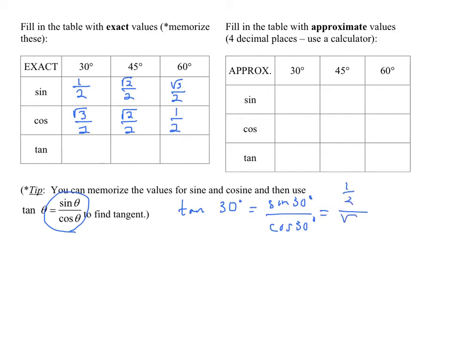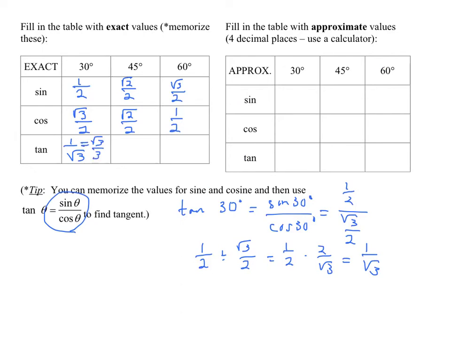The cosine of 30 degrees is square root of 3 over 2. So it's going to be 1/2 divided by square root of 3 over 2, which is 1/2 times 2 over square root of 3. So the tangent of 30 degrees is 1 over square root of 3. So this will be square root of 3 over 3.